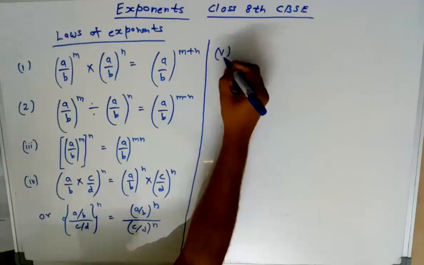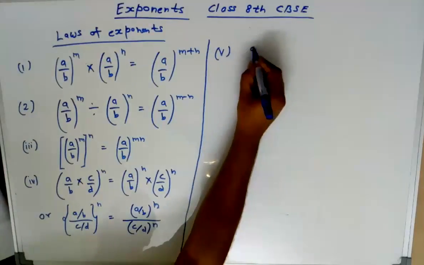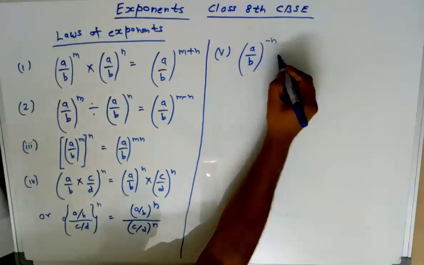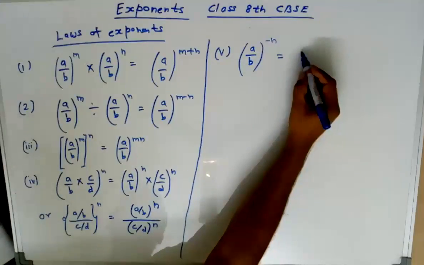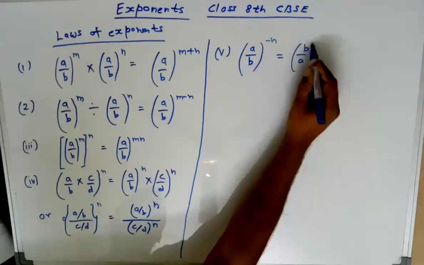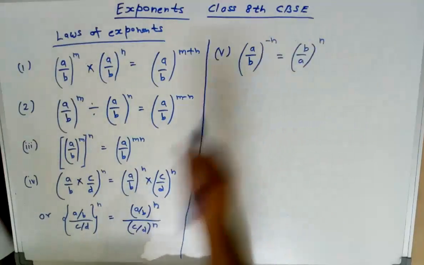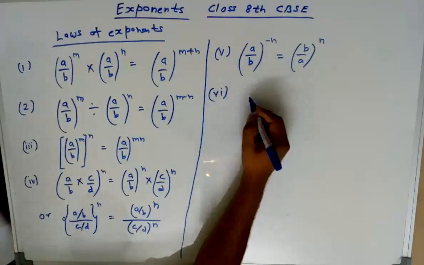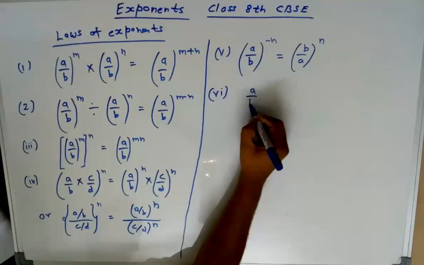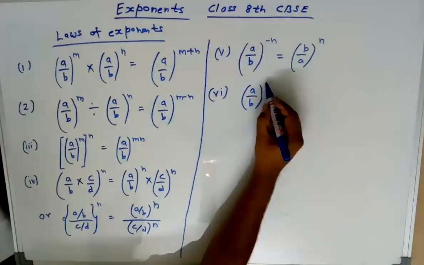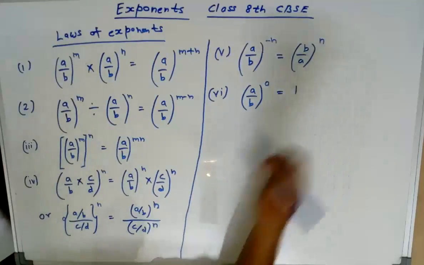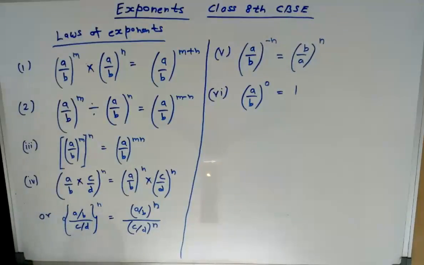Number fifth property, if a rational number a/b has a negative power, then it will become the inverse of the same rational number, that is b/a, with positive power. Next identity is that if any rational number or any number has an exponent 0, then it is equal to 1.